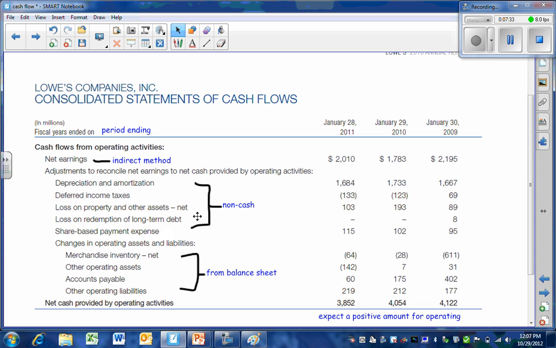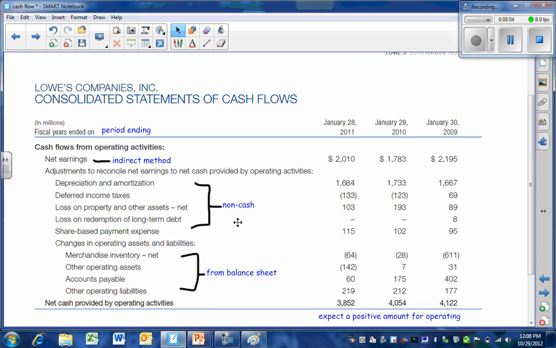Again, we have the losses on the sale of property. Well, we're reporting not just the gains or losses, but the full net of the proceeds from the sale of the property and other assets in our investing area. Then we have certain losses related to fair value of long-term debt and expenses related to the payment of compensation in the form of stock.